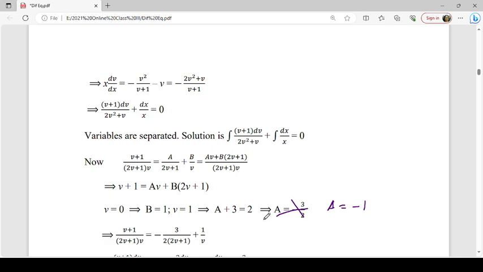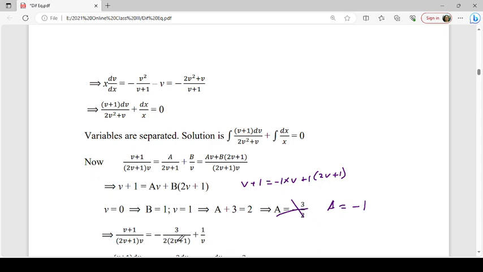And let us check it. v plus 1 equal to minus 1 into v plus 1 into (2v plus 1); v plus 1 minus v is 2v minus v, it is v, plus 1, so a is equal to minus 1.